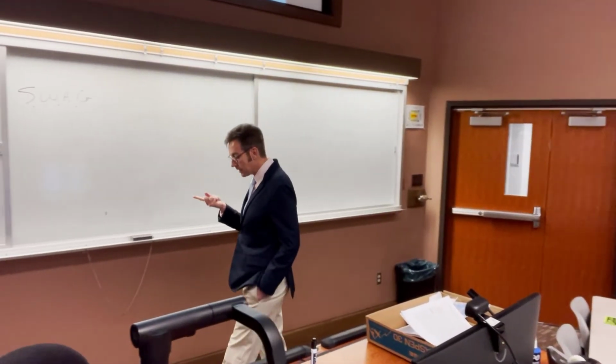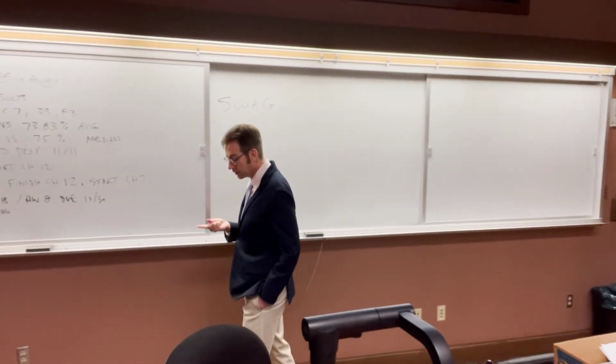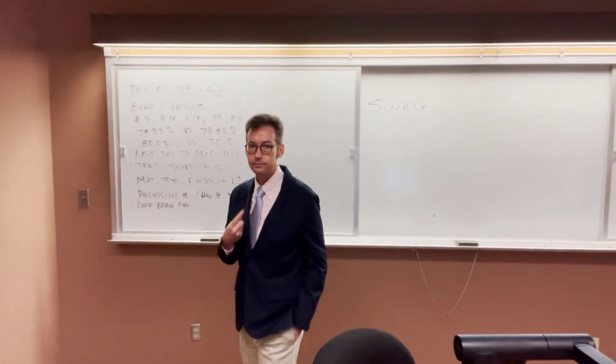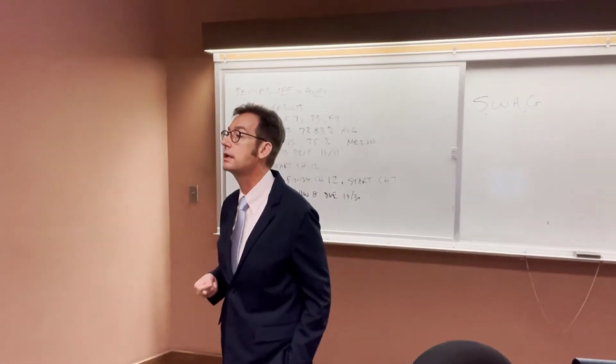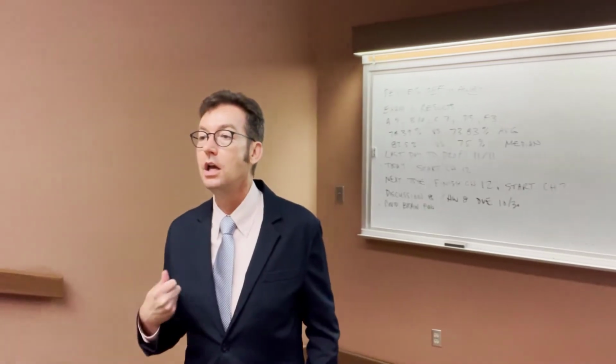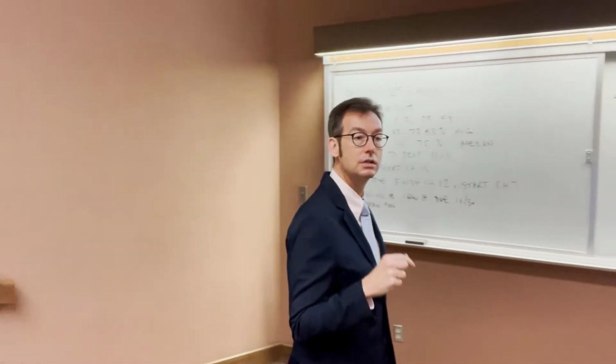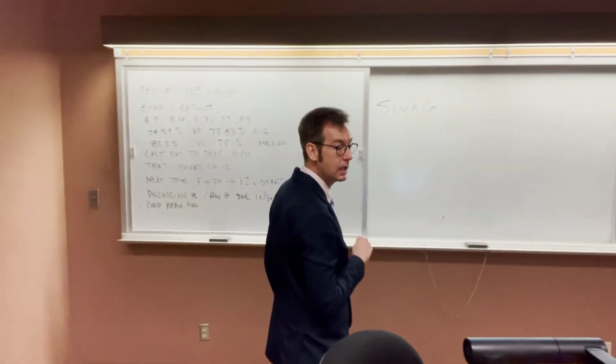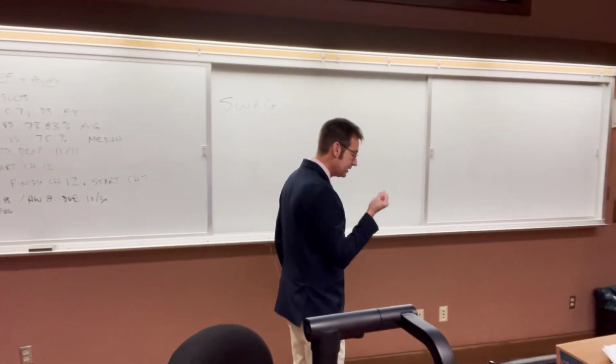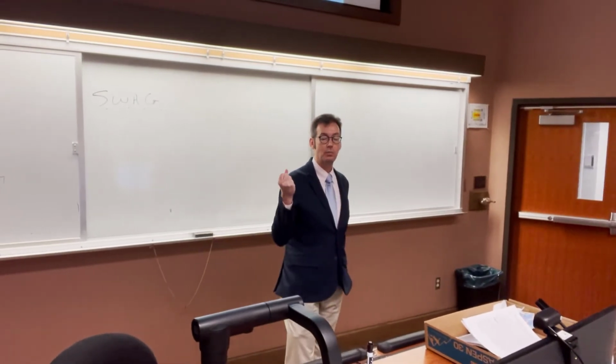So when we were talking about negative beta stocks, I told you about gold mining stocks. Gold mining stocks are counter-cyclical because when the economy overall is good, they're down. When the economy overall is down, they're up. So that's the very basis, the very genesis of where beta comes from.